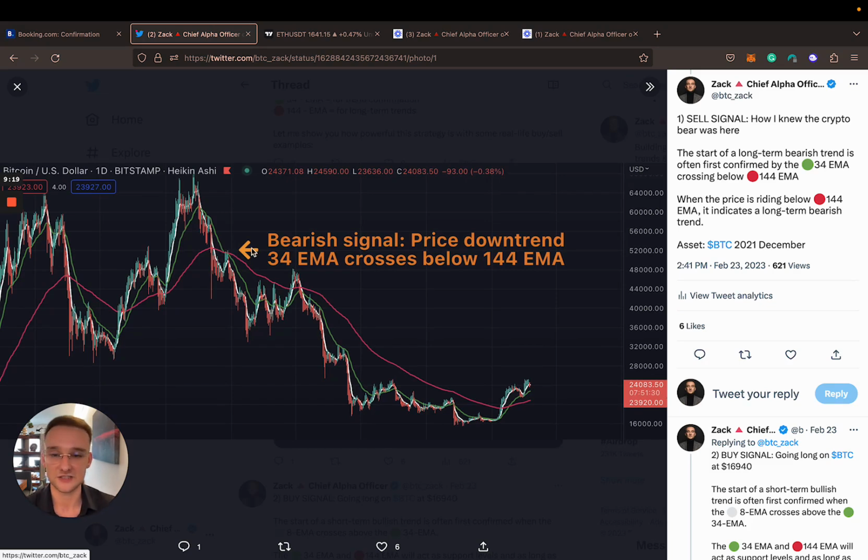And in this case, this was the ultimate signal, based on the moving average strategy, that we are entering into a longer time frame price downtrend, a bearish signal on Bitcoin. And this is a chart from December 2021.